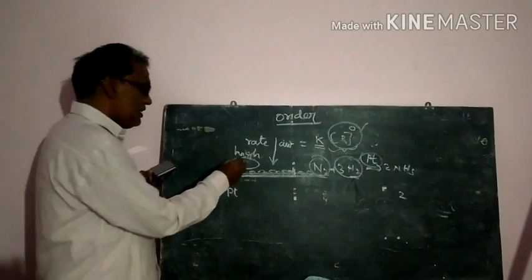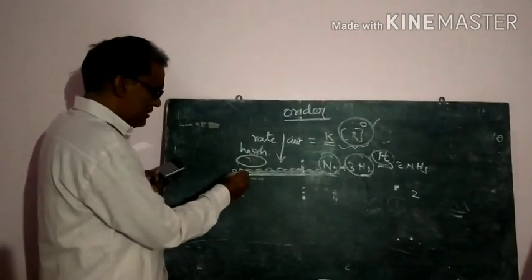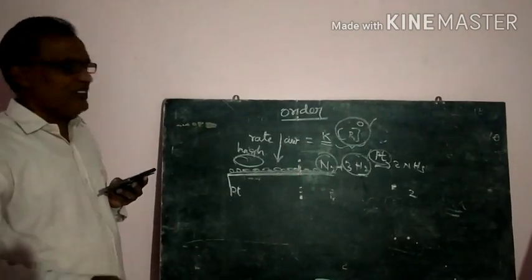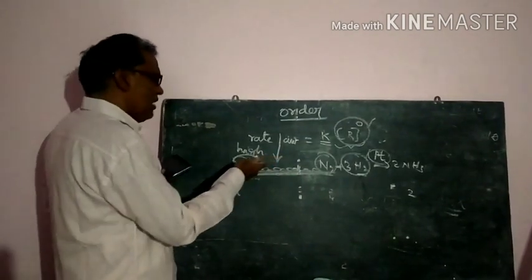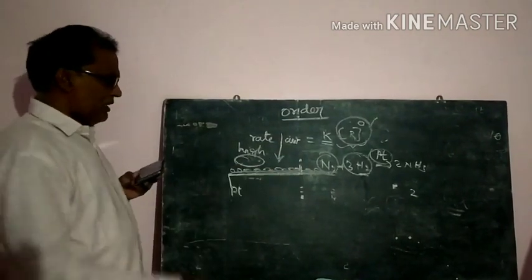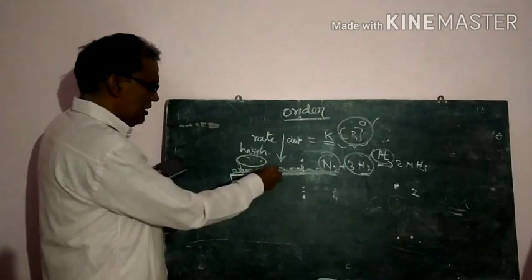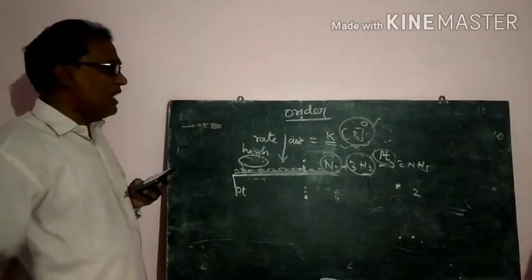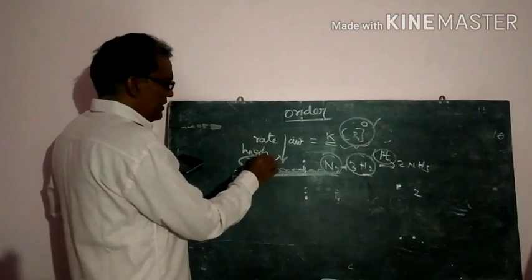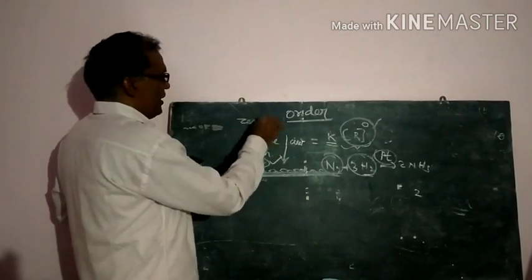So actually the surface of the metal does not take part in this reaction. More ammonia will be formed, but there was no actual contact with the surface of the metal. So this type of extra formation of ammonia is an example of zero order reaction.